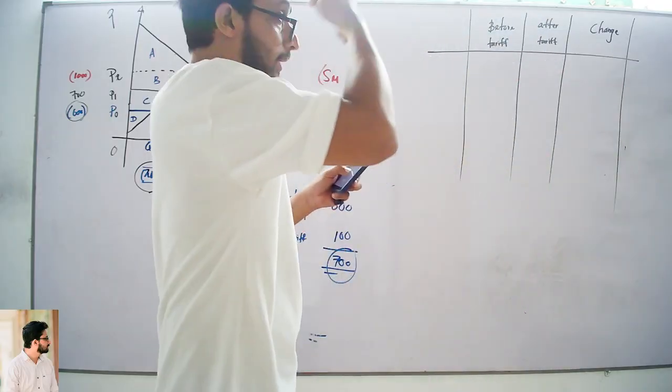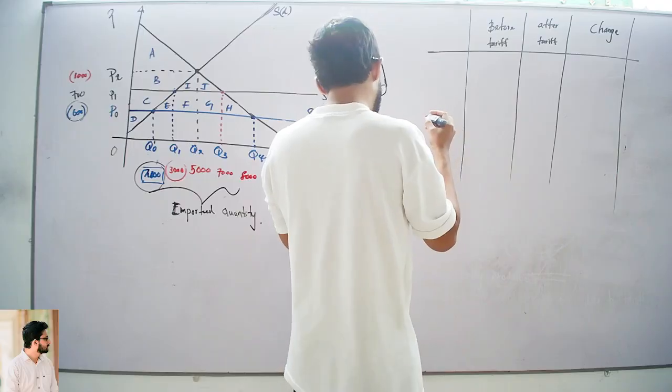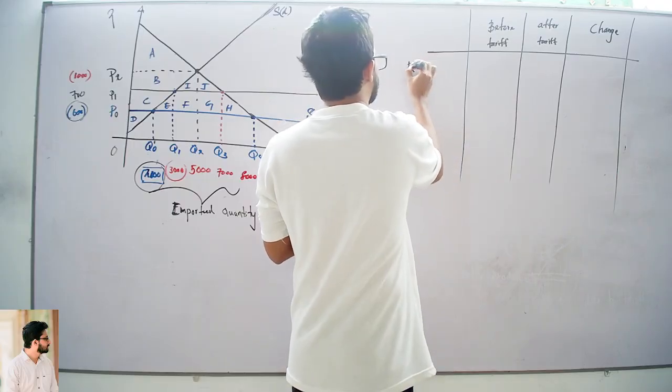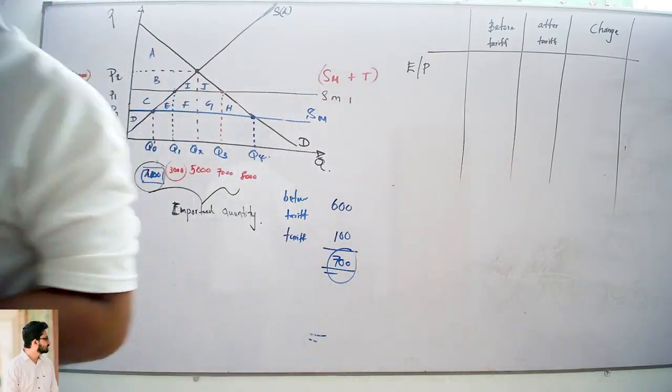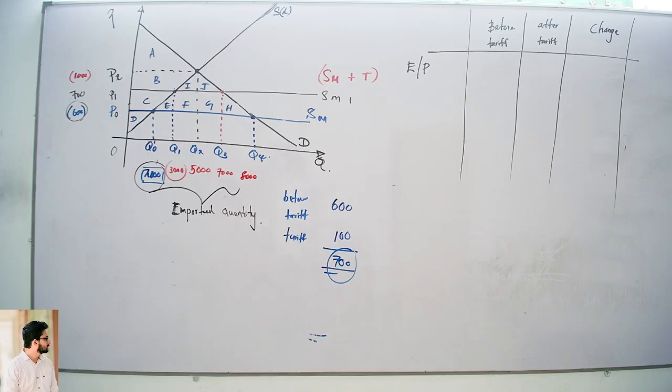Right. First one, let's start with equilibrium price. Market equilibrium price, the EP means equilibrium price, right? I want you to answer. Equilibrium price before tariff: no tariff, but the market is open for international trade.